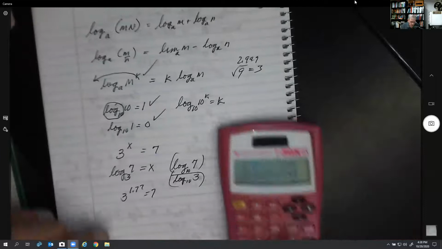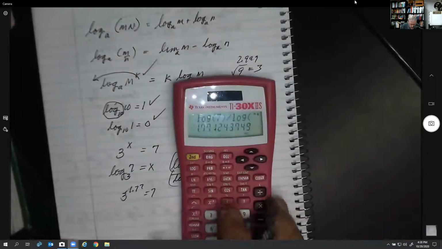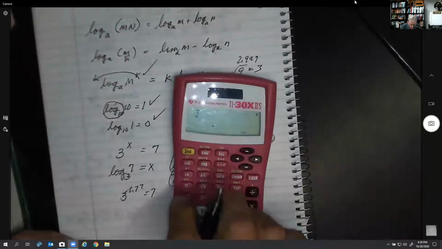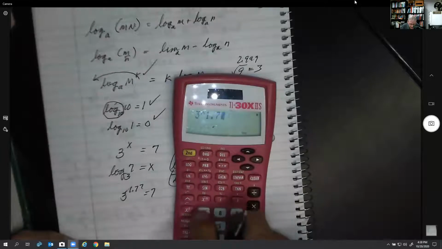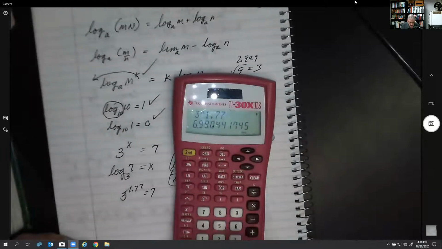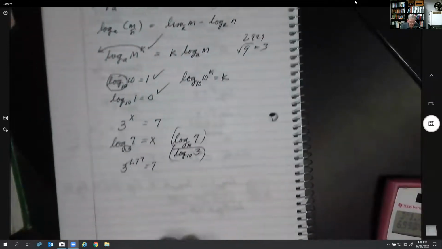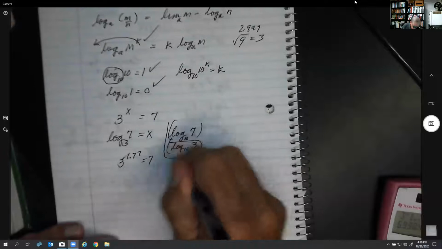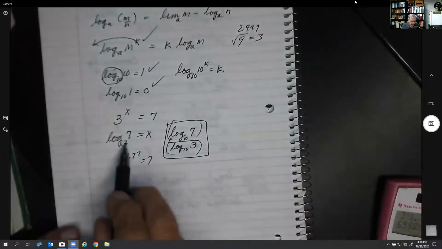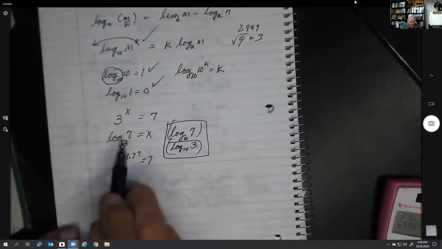Let's see if it is. Well, we know 3 squared is 9. So 3 raised to the 1.77. Pretty close to 7, huh? So it's pretty cool. This is an important concept if we have a base that's different.